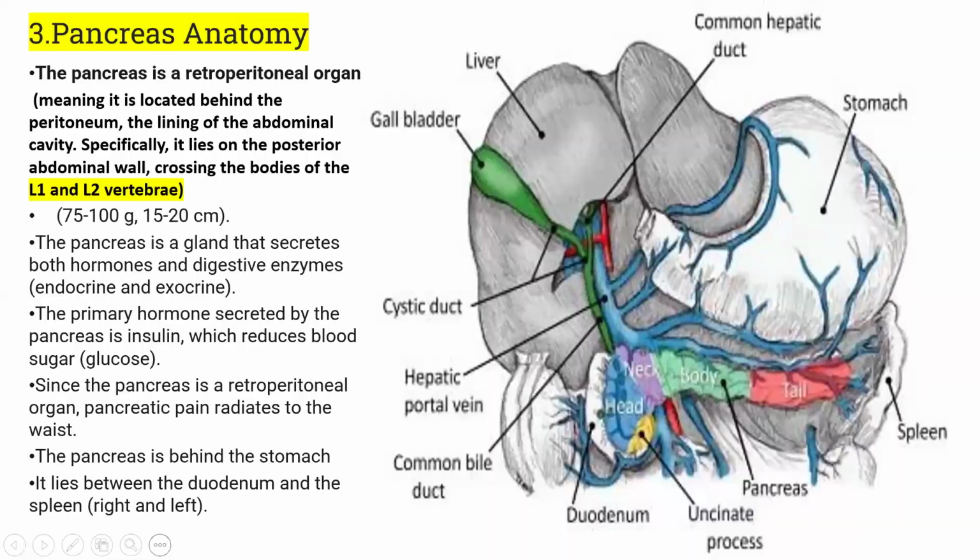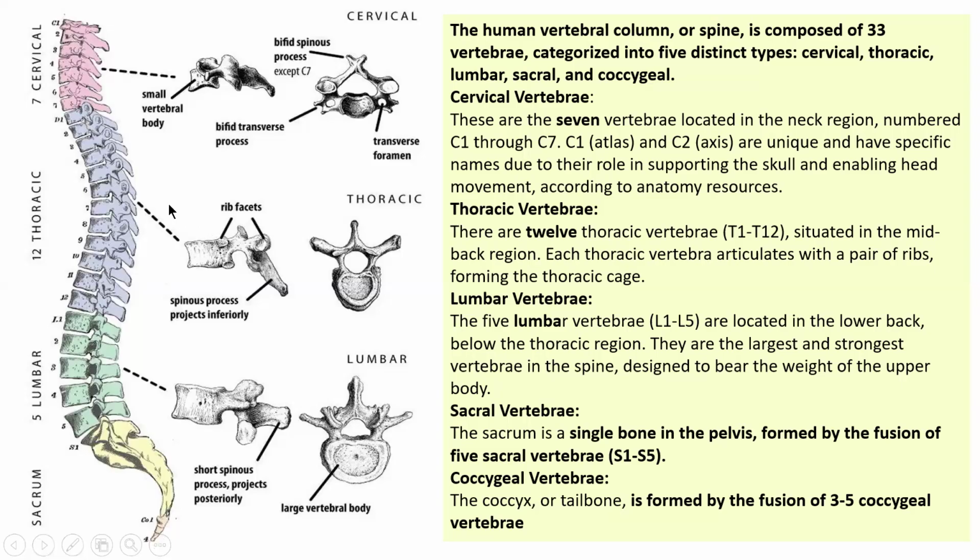Now, what have we learned? The pancreas lies on the posterior abdominal wall, crossing the bodies of the L1 and L2 lumbar vertebrae, near your lower back.